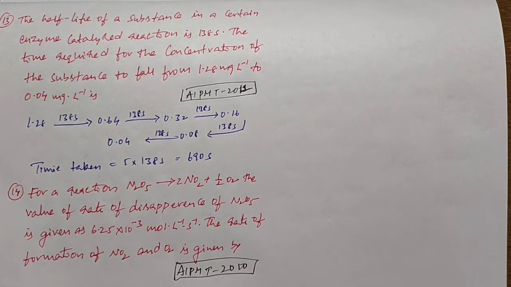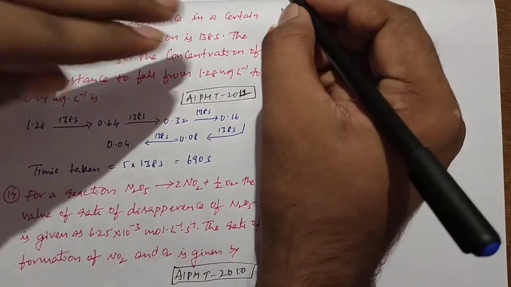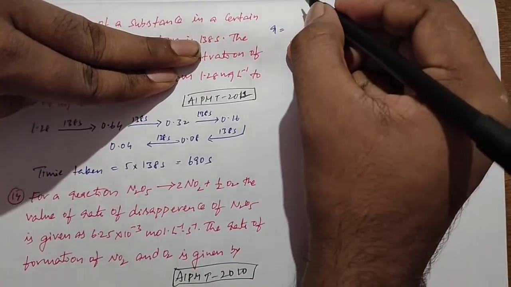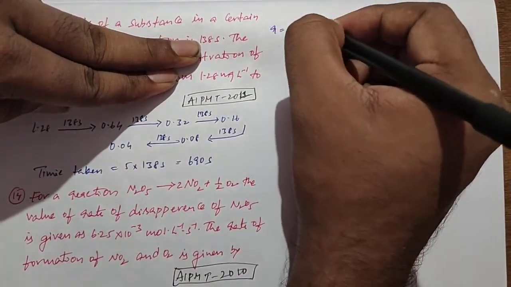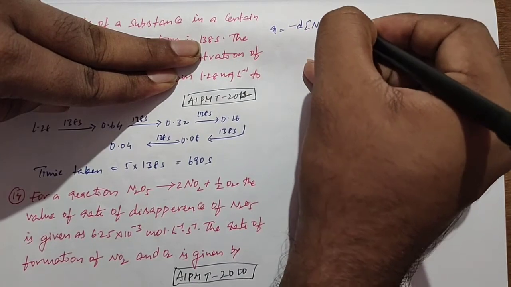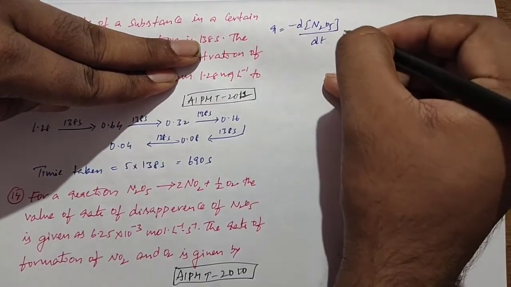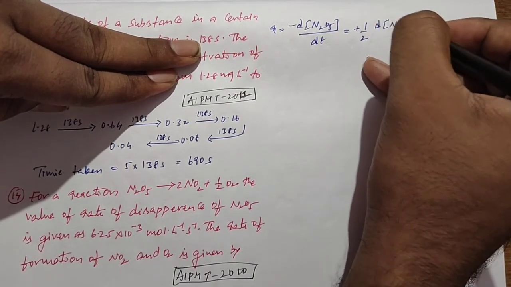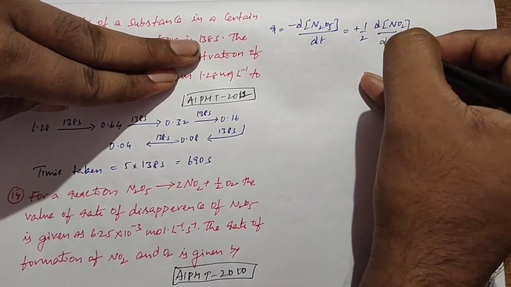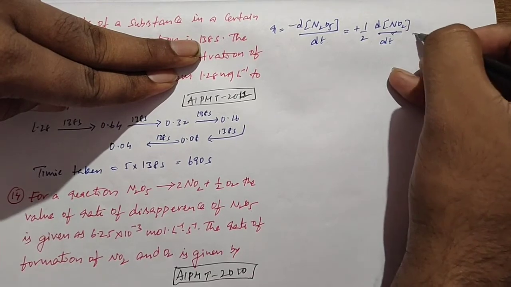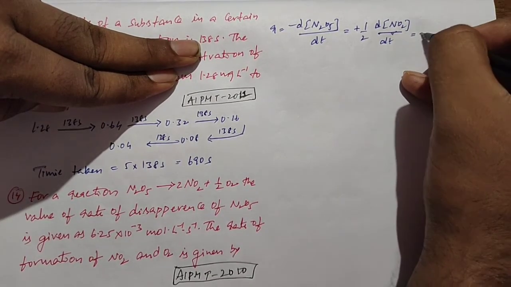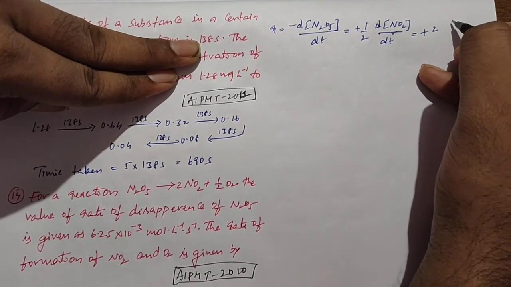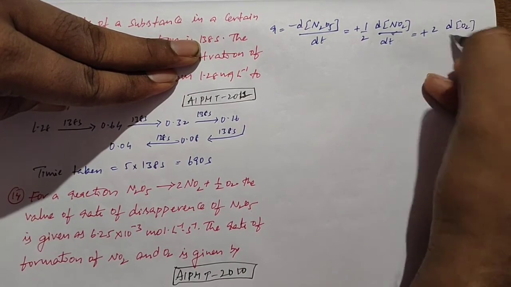So to solve this problem, first we need to take the rate law or rate expression. So for this, R is equal to minus d[N2O5] by dt is equal to plus 1 by 2 d[NO2] by dt, that is equal to plus 2 d[O2] by dt.